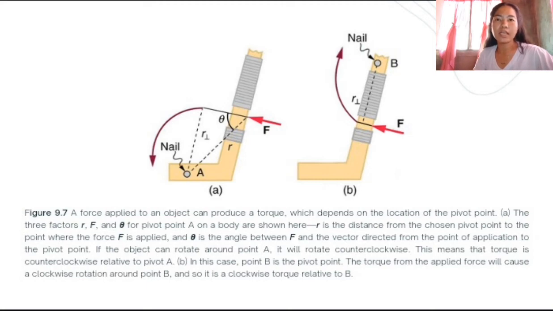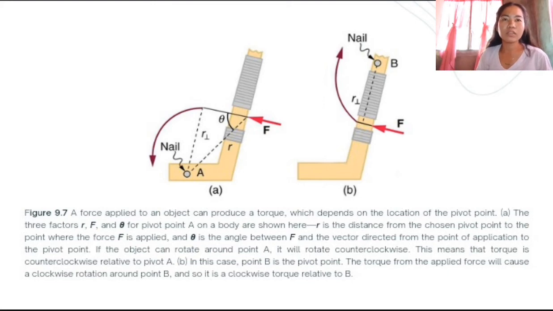In A, the three factors, the distance r, the force F, and sine theta for pivot point A on a body are shown here. r is the distance from the chosen pivot point to the point where the force F is applied, and theta is the angle between the force and the vector directed from the point of application to the pivot point. If the object can rotate around point A, it will rotate counterclockwise. This means that torque is counterclockwise relative to pivot A.